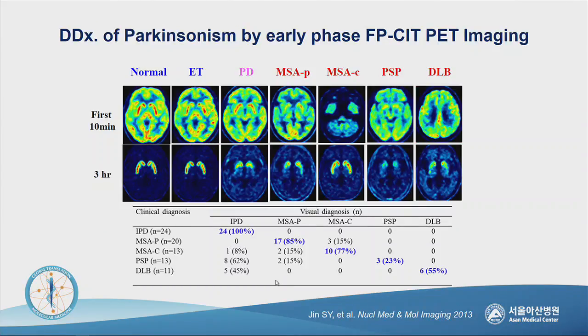In visual analysis of early perfusion images, we can detect FDG-like abnormality in 85% of MSA-P and 77% of MSA-C. So this early perfusion phase FPCIT image can be helpful to differentiate atypical Parkinsonism, especially MSA, in conjunction with the typical striatal subregional uptake pattern on the delayed FPCIT image.